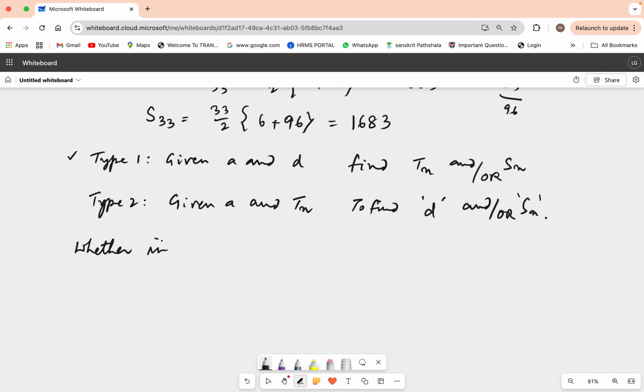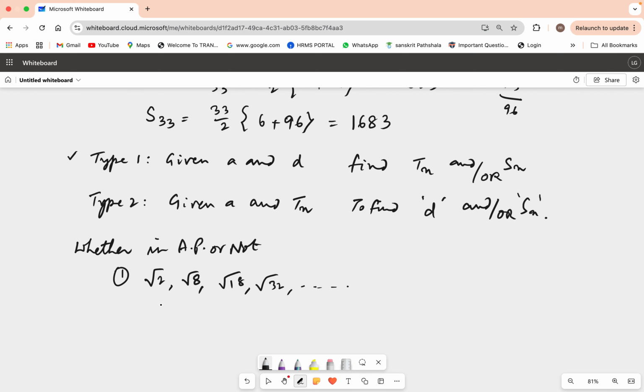Let us say the question asked is root 2, root 8, root 18, root 32, etc. It is going on increasing, but we don't know what these are. Are they really in AP or not?